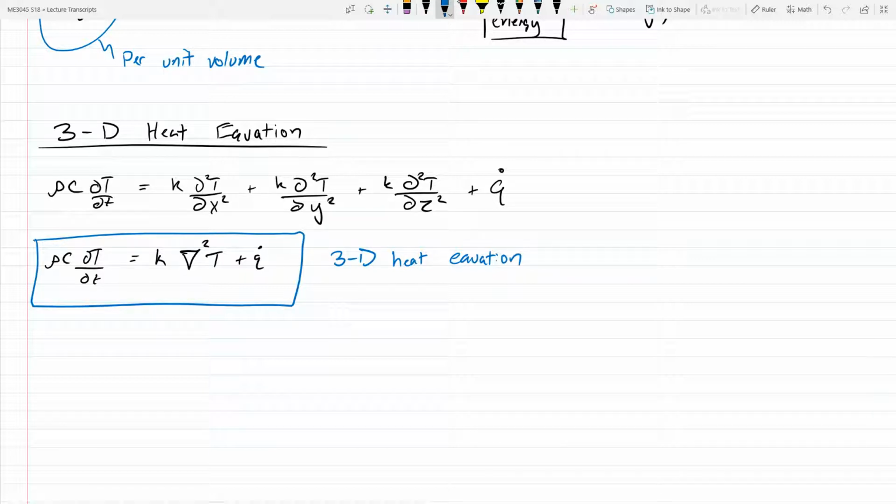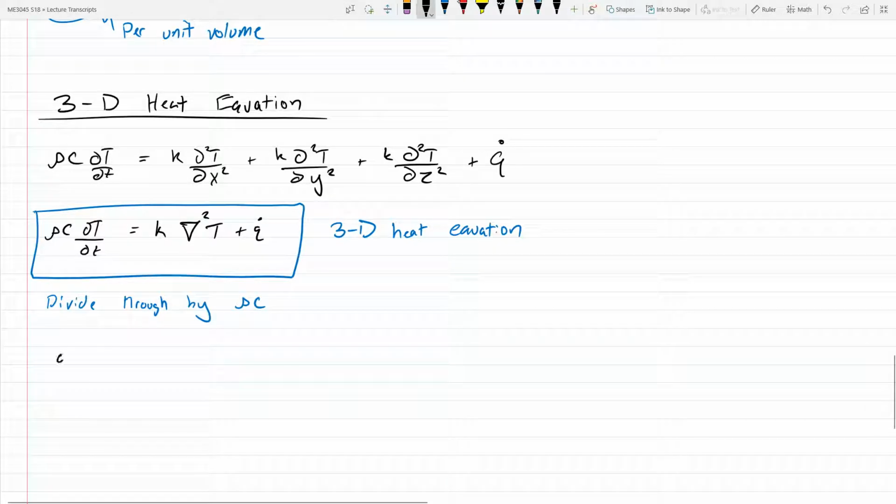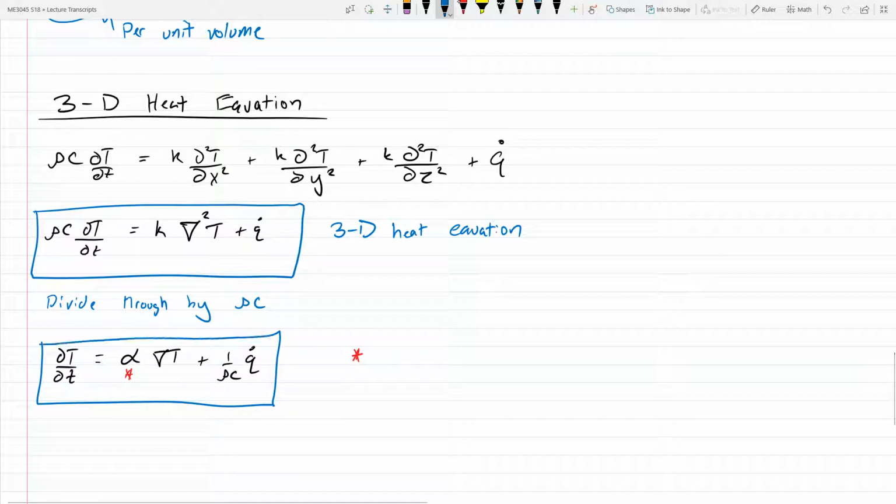So if we divide through now by the product of density and our specific heat capacity, we can rewrite this in an equivalent but more compact form: partial T partial t equals alpha del squared T plus 1 over rho C Q dot, where that alpha is known as the thermal diffusivity.